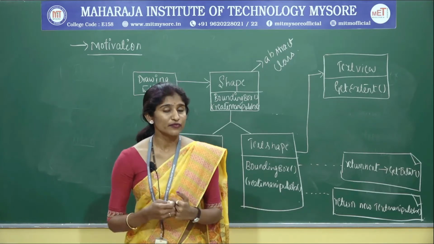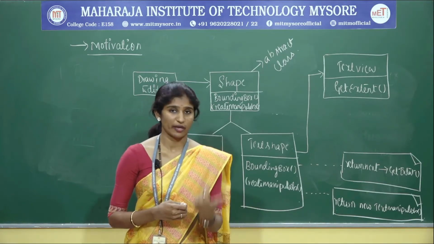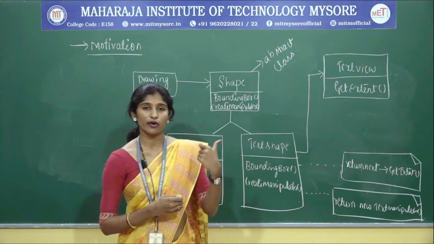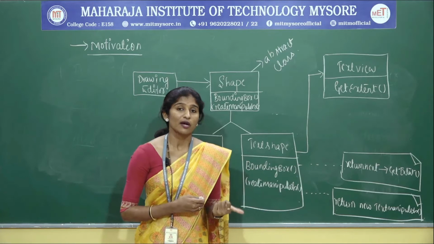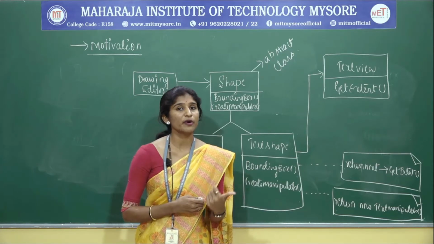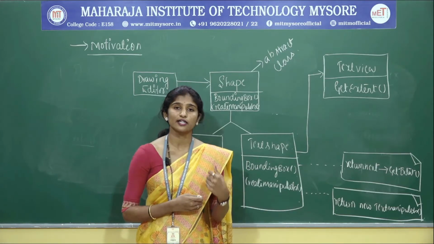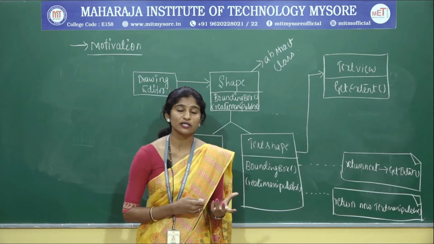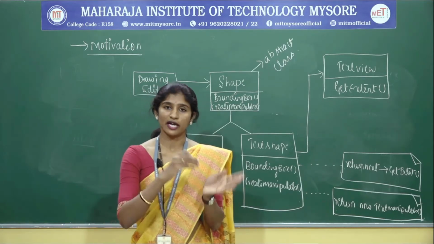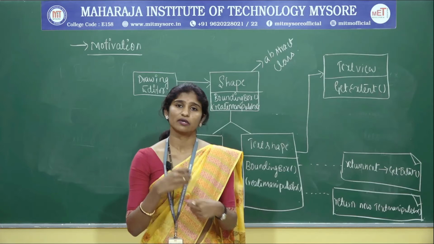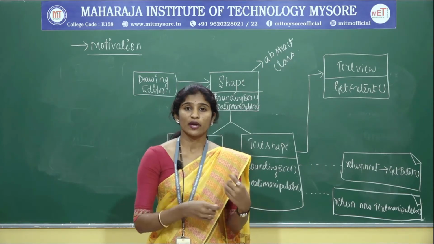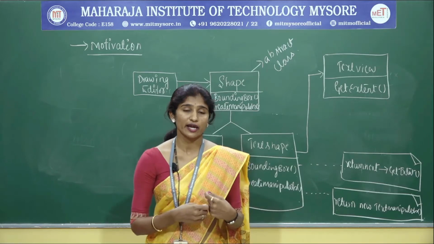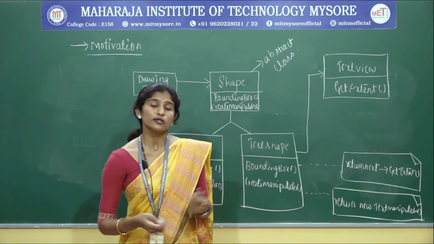So what happens when you use the text shape? Normal drawing with figures of geometrical objects is different, but when you incorporate the shape of a text, that leads to complexity. Why? Because typing characters itself is a huge task. It requires buffering and manipulation for each and every character that you enter.